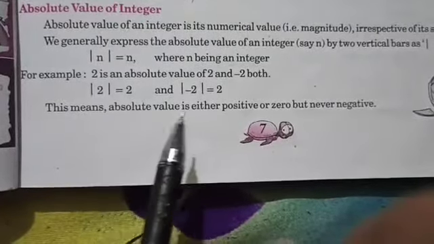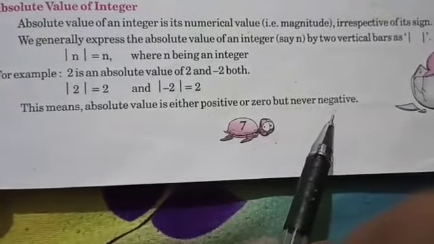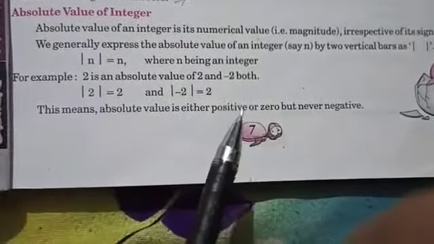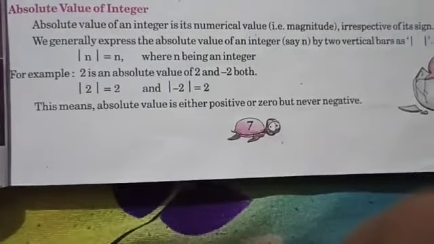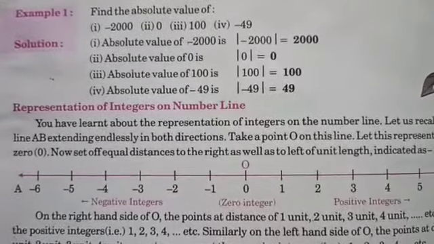This means absolute value is either positive or 0 but never negative. So absolute value cannot be negative. Why? Because of this magnitude.